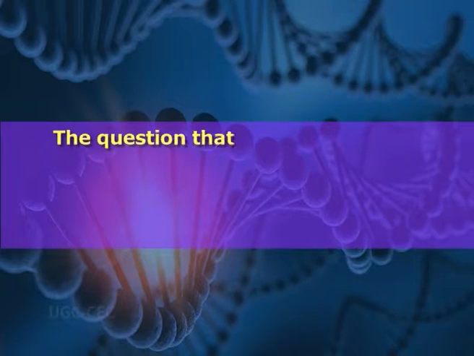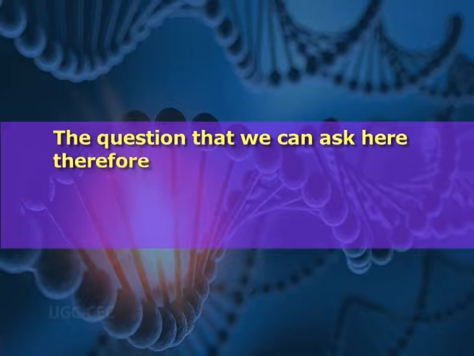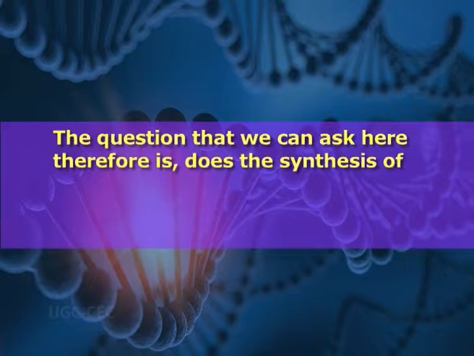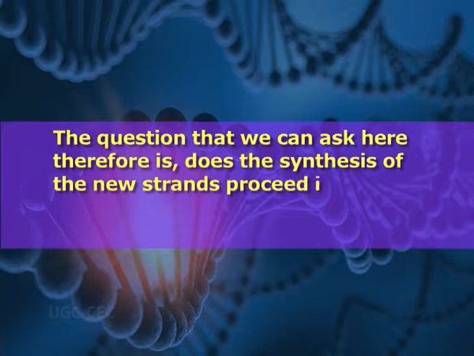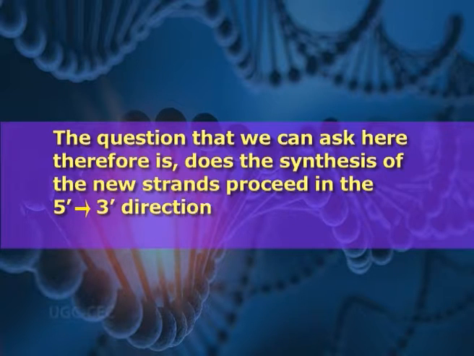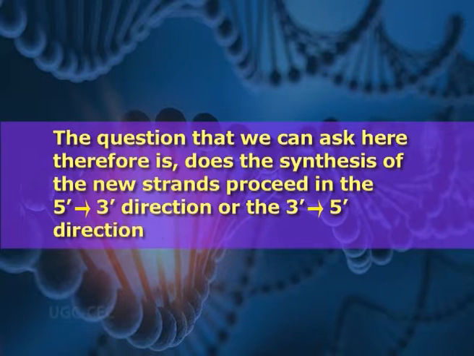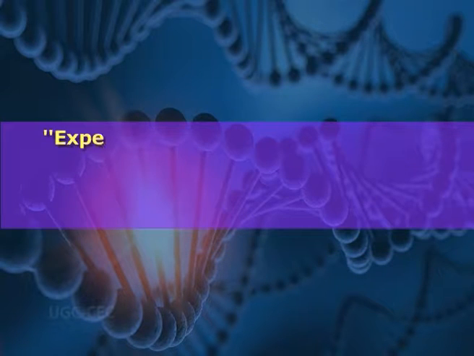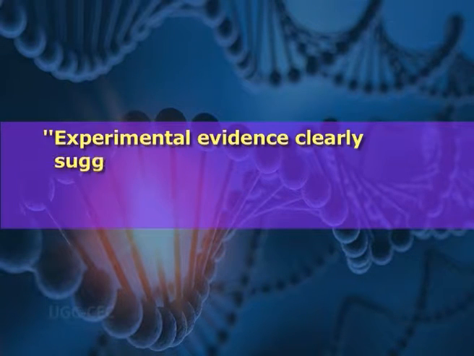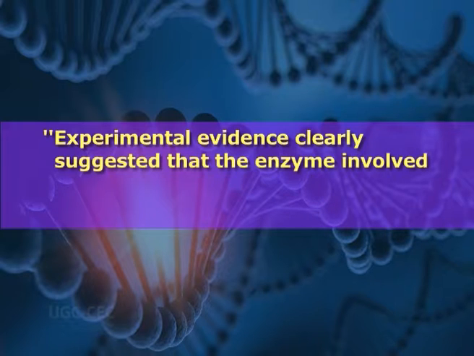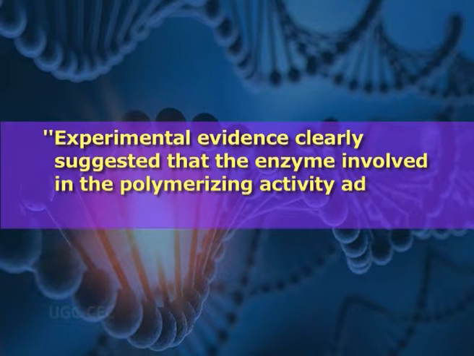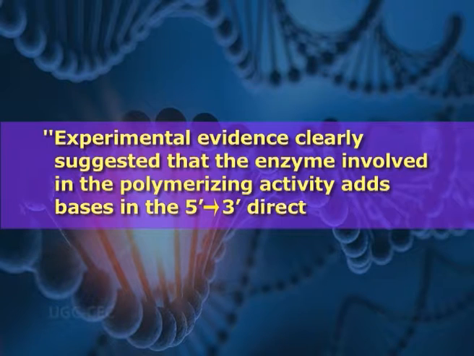The question that we can ask here is therefore, does the synthesis of the new strands proceed in the 5' to 3' direction, or the 3' to 5' direction, or both? Experimental evidence clearly suggested that the enzyme involved in the polymerizing activity adds bases in the 5' to 3' direction.